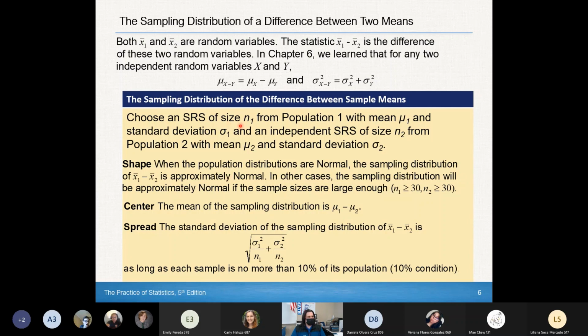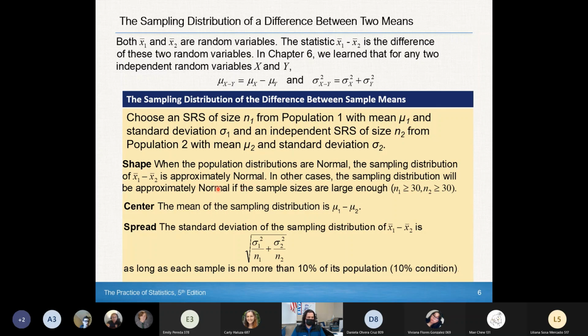Right, if we have an SRS of size n sub 1 from population 1 with mean mu sub 1 and standard deviation sigma sub 1, and an independent SRS of size n sub 2 from population 2 with mean mu sub 2 and standard deviation sigma sub 2. When the population distributions are normal, the sampling distribution of the difference in the means is approximately normal as well.